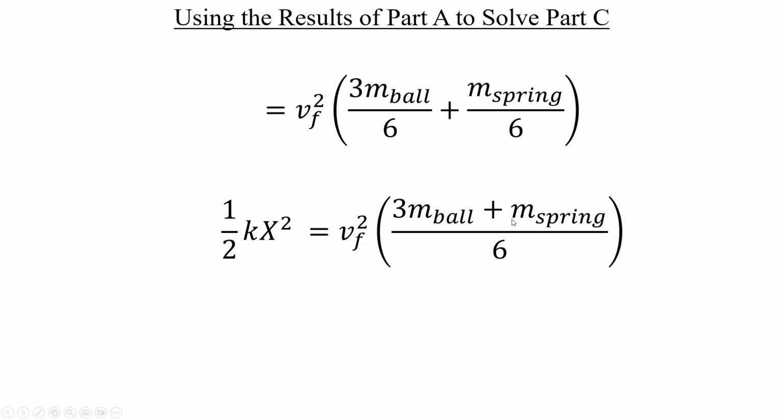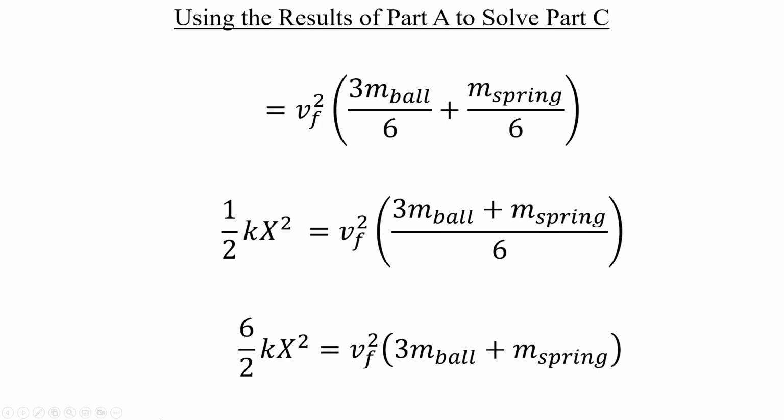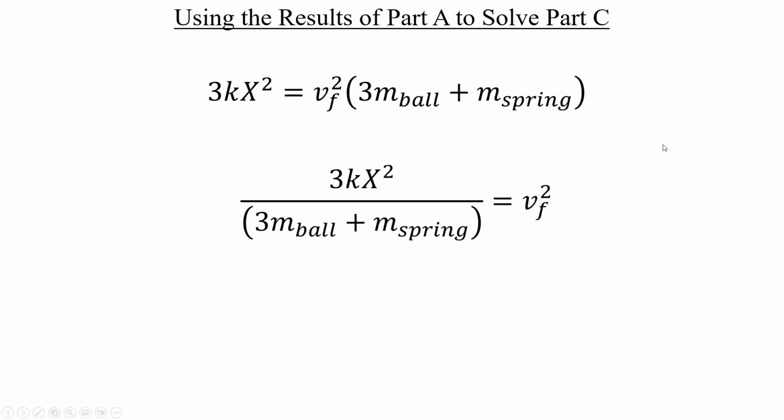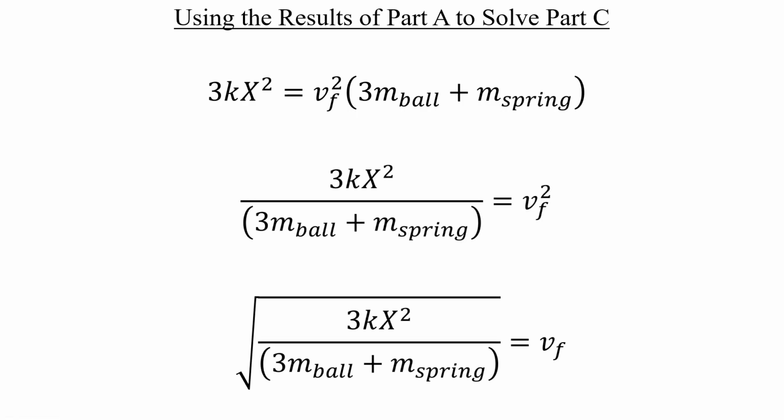I'd like to get rid of this 6 in the denominator on the right-hand side, so let's multiply both sides by that value. On the left, 6 divided by 2 is just 3, so we'll have 3kx squared following that step. All that remains is to divide both sides by the sum of masses in the parentheses, and then take the square root of both sides.